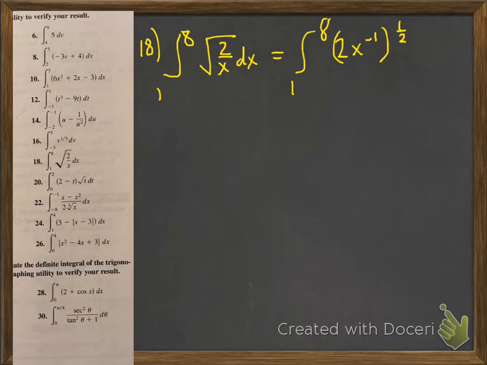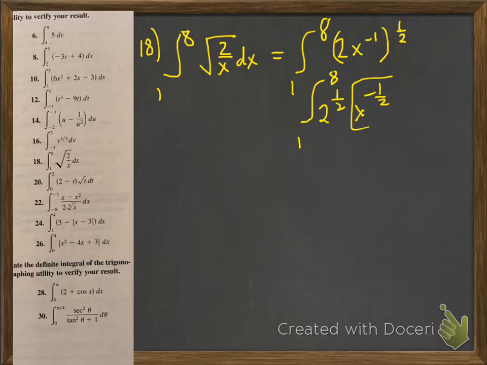And so what we have is an integral that, when we can take out the 2 to the 1/2, this is 2 to the 1/2 x to the -1/2. Still our bounds are from 1 to 8.